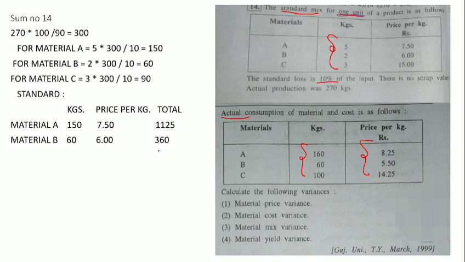Now for material B, kgs are 60, price 6 and total 360. For material C, kgs are 90, price per kg 15 and the total is 1350. Now make the total of these three materials in the last column. So the answers are 300 and 2835.